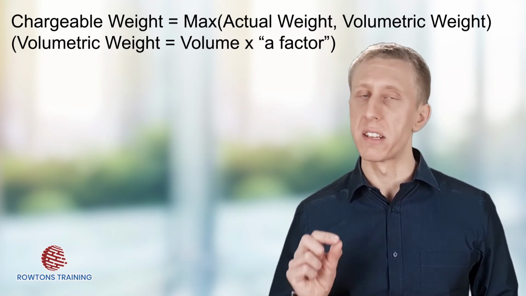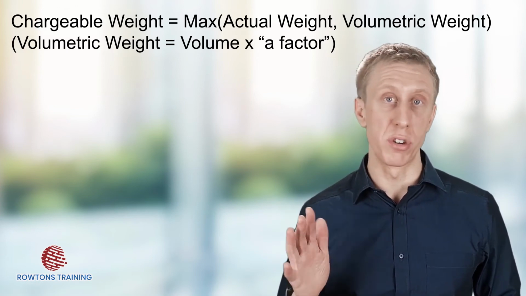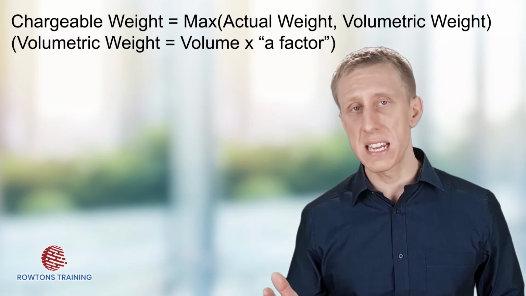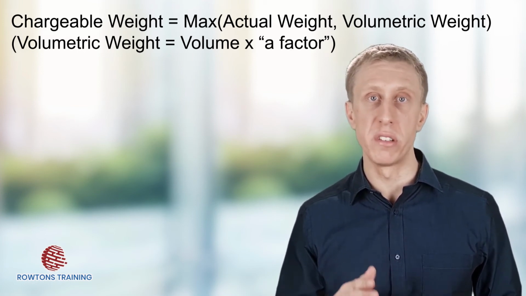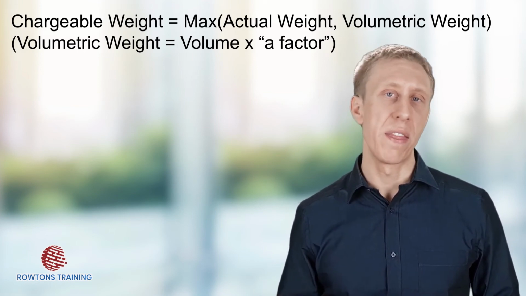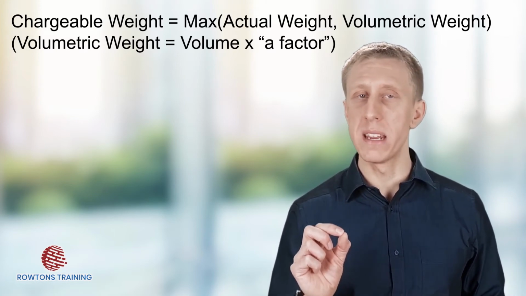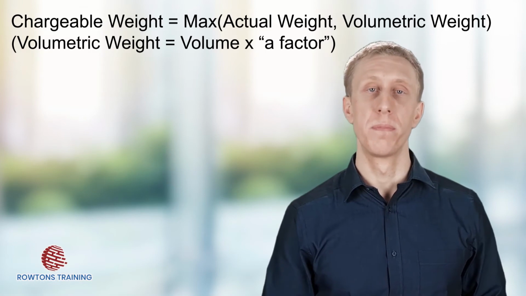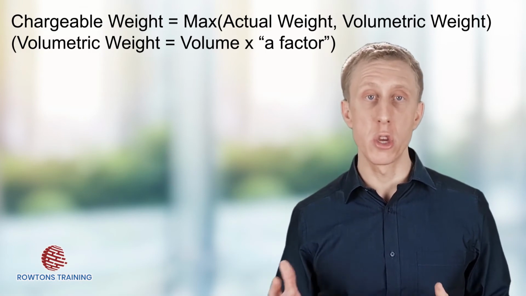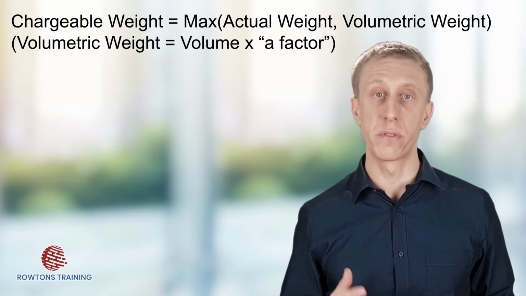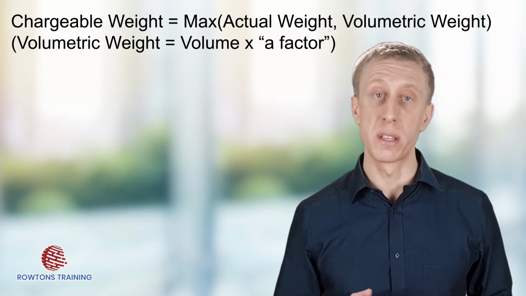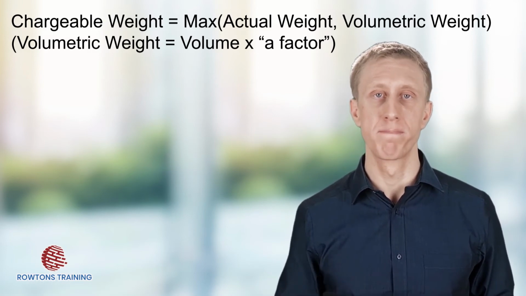Bear in mind that multiplying by 167 is the same as dividing by 0.006, and that in our calculations here, we've been working with the volume in cubic meters. If instead we were using the units of cubic centimeters for volume, then that factor will be something totally different.